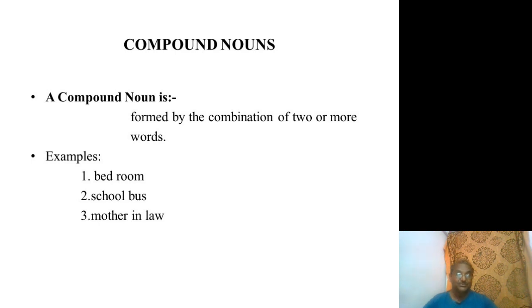Both are independent words. Bed has its own meaning and spelling, and room has its own meaning and spelling. But when they are combined, a new noun is formed, and that noun is said to be a compound noun.